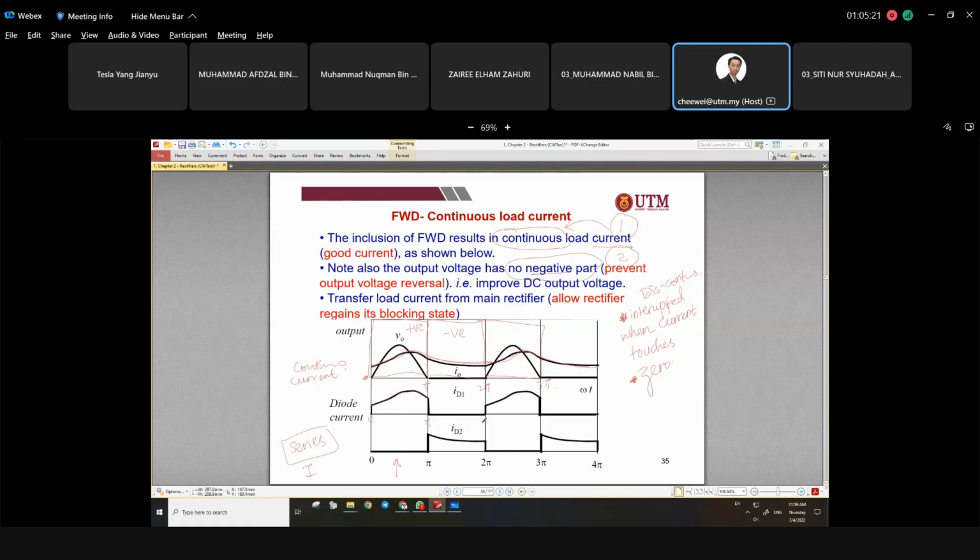From pi to 2 pi, what happens? D1 is being blocked. Open circuit, so it cannot conduct. So who carries the current? D2. During the blocking state of D1, D2 is operating. So this waveform is transferred to D2. For D2, the first half cycle is 0, then it continues the operation of I out.